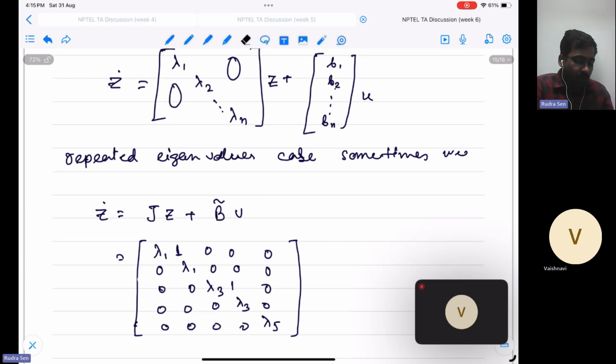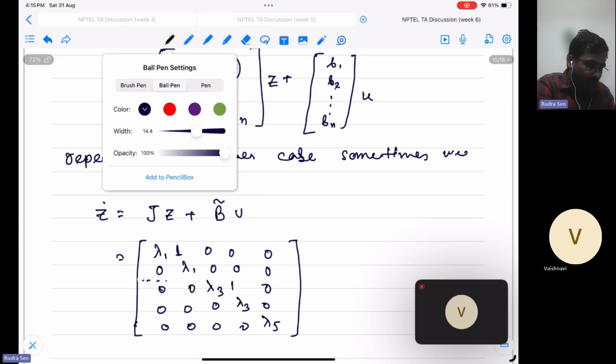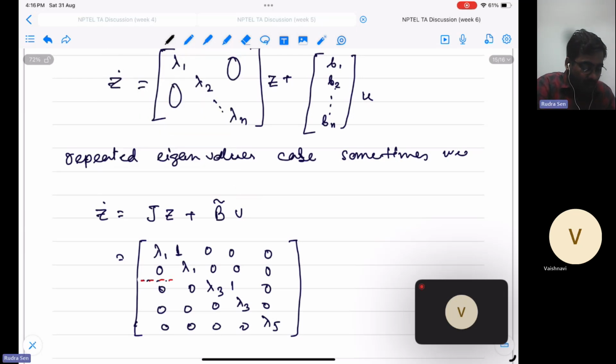So you can see, this is one Jordan block, this is another Jordan block, and this is another Jordan block.